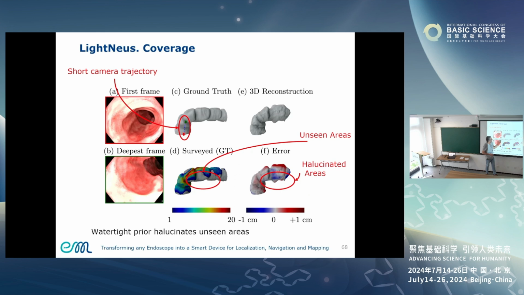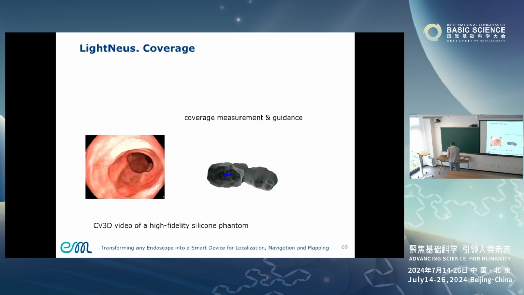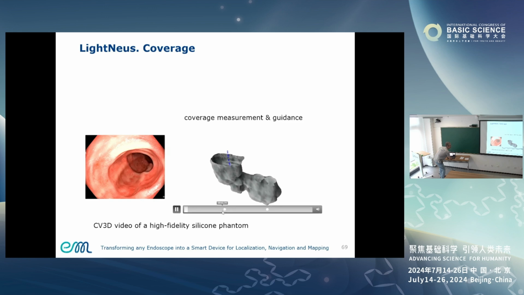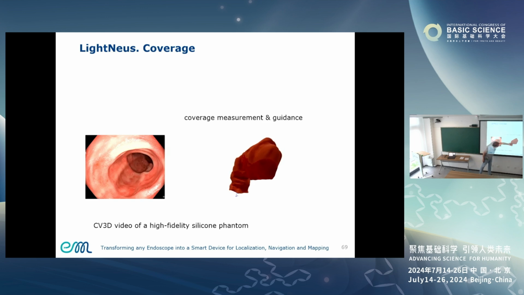So basically what is happening here is that all these areas of the model have been hallucinated because we haven't seen them. This is good because we have a model and we have the camera poses, so we can estimate what area of the colon has been seen during the exploration. So here we have an estimation of what areas of the colon are seen. You see here, this is more red.